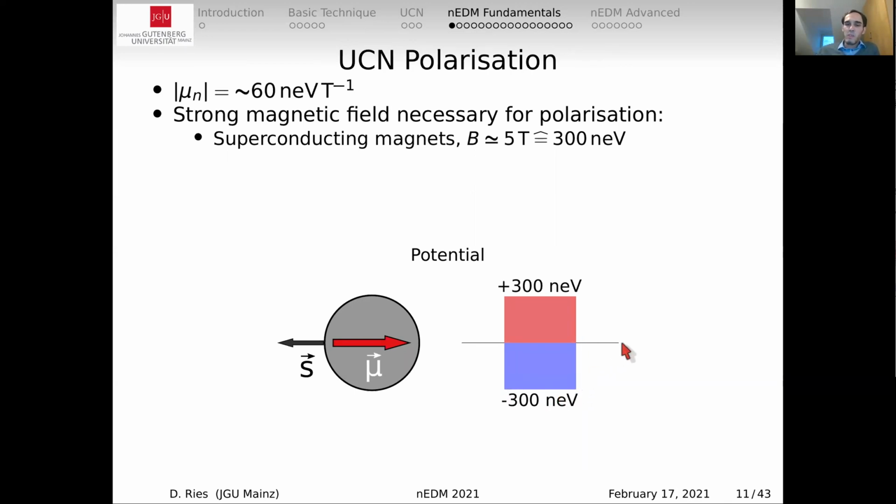And for the low field-seeking neutron state, it will create a potential wall of 300 nano eV height. That means only the neutrons with the spin in this direction, so the magnetic moment aligned with the magnetic field, will be able to traverse this region here. It will actually be accelerated here and then decelerated again back to the velocity they started with behind the magnet.